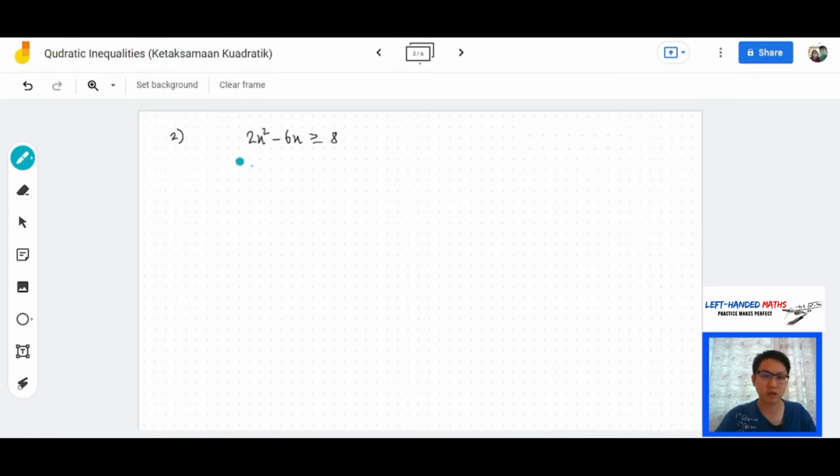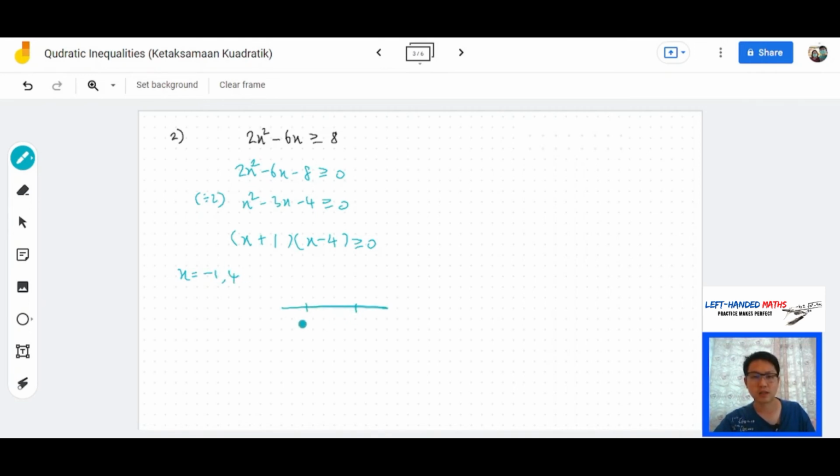We have to move everything to the left, so positive 8 becomes -8, and then we divide the whole inequality by 2 to simplify it. Then we can start to factor: 4 here and 1 here, negative, positive. So our roots are x equals -1 and 4.